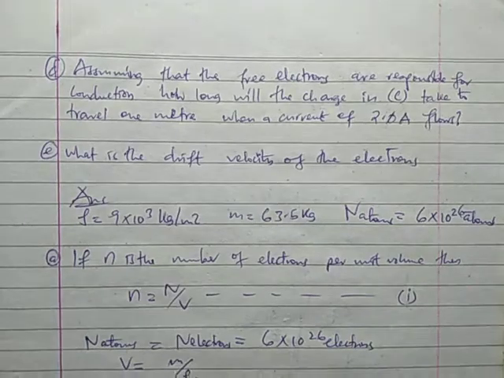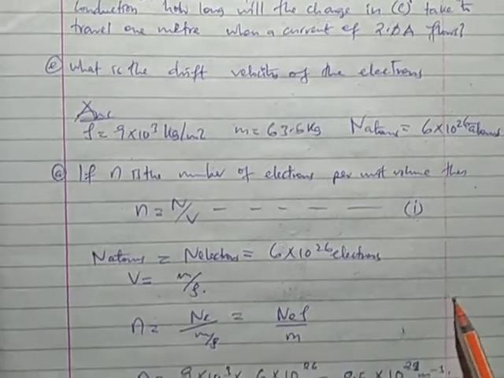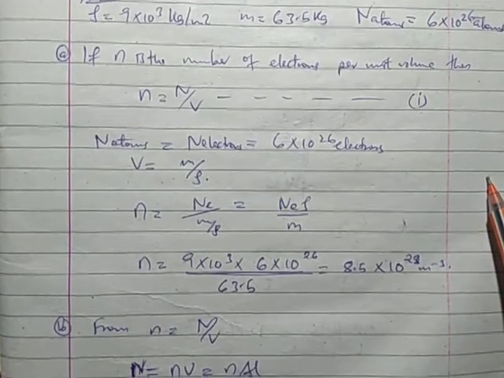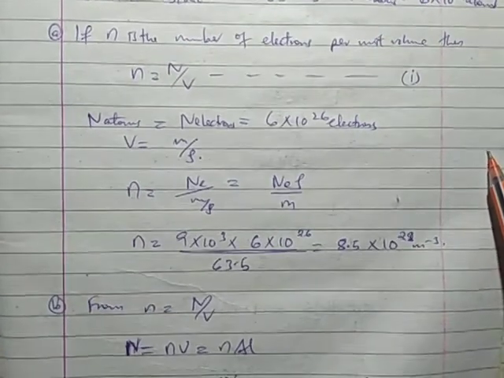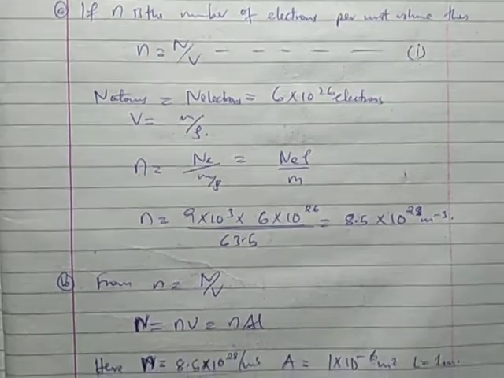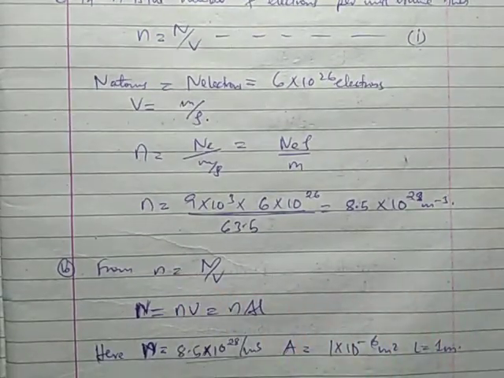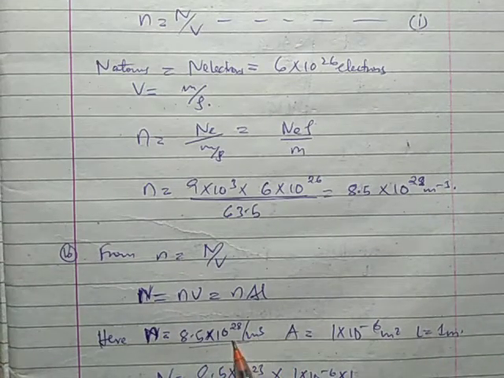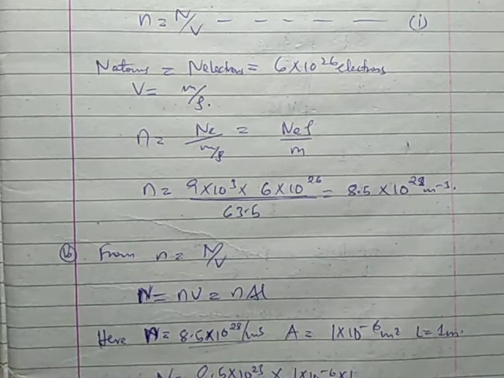So in question A utacalculate hiyo hapo, ambayo ni kuchukua mass divided by density, then finally utakuja kupata jibu 8.5 times 10 power 23. From there umeulizwa electron density hapo, ambayo umepata hii hapa. Hii hapa ilikuwa ni kwa 1 meter.